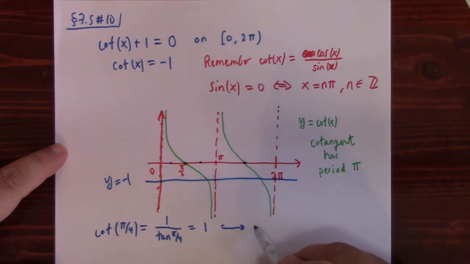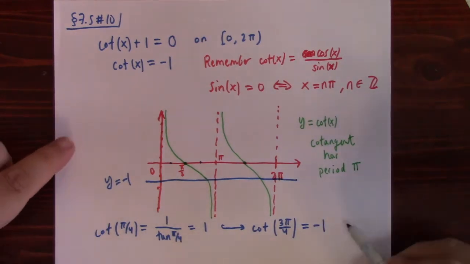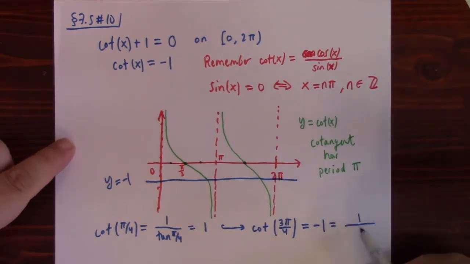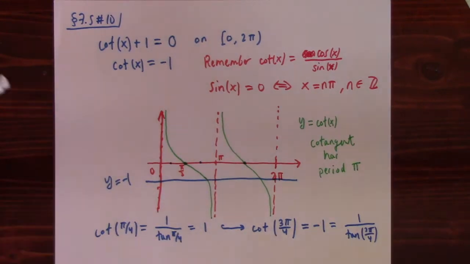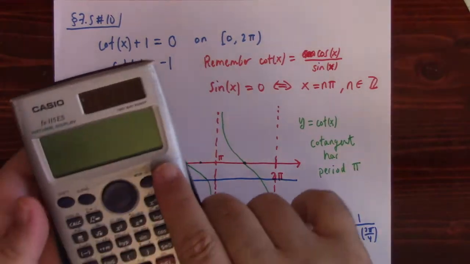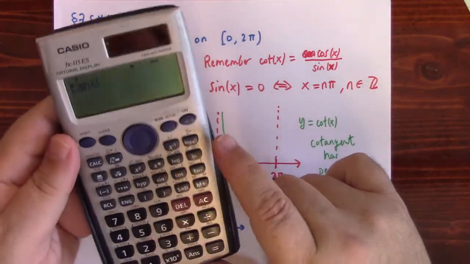So I'm pretty sure cotangent of 3 pi over 4 is equal to minus 1. Now, notice that that's also equal to 1 over tangent of 3 pi over 4. So we can check our answer by going to our handy-dandy calculator and plugging in tangent of 3 pi over 4 if you're in doubt. I'm in radian mode, good.